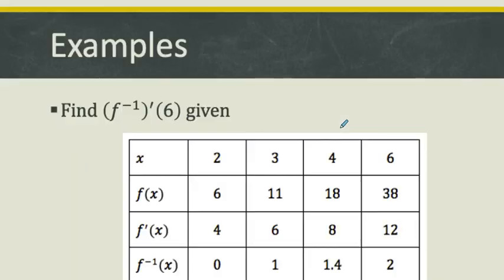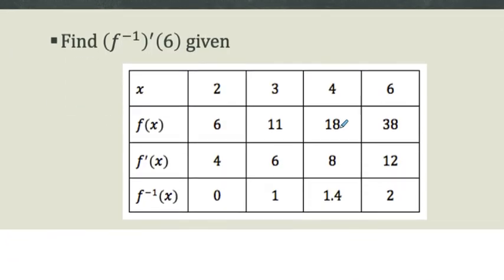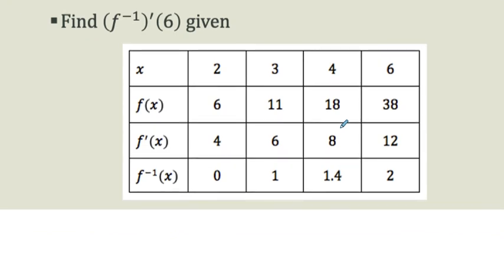The last one that I want to do with you here is a table. So AP, College Board, they love doing table problems. So again, f inverse prime of 6 given this table of information. So remember, we're going to do f of f inverse of x equals x. See, I even get messed up when I do this.